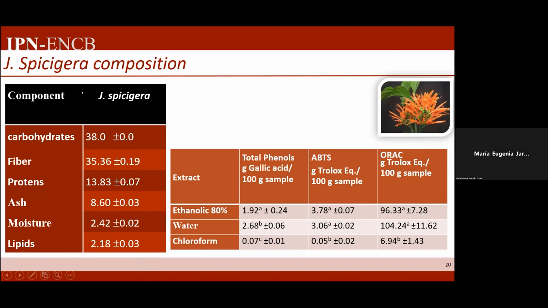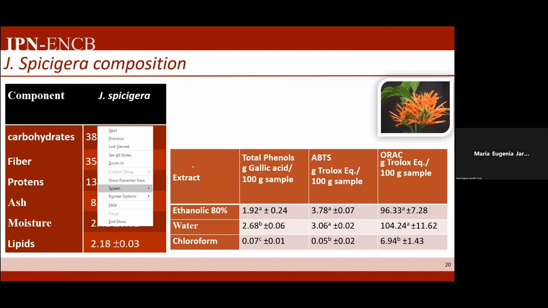The different components of Justicia spicigera were carbohydrates, 38%, fiber, 35%, proteins, 13%, ash, 8.6%, moisture, 2.4%, and lipids, 2.1%.